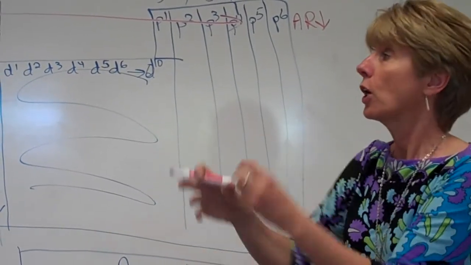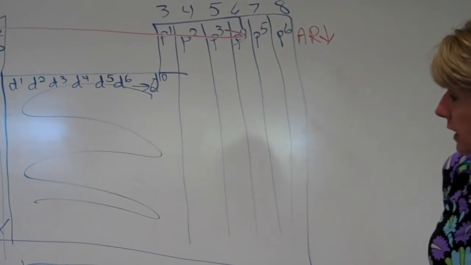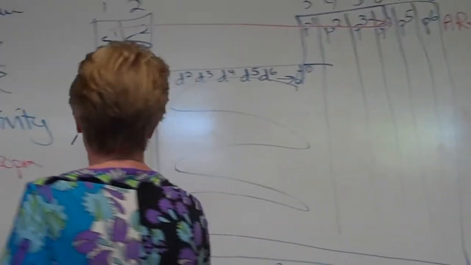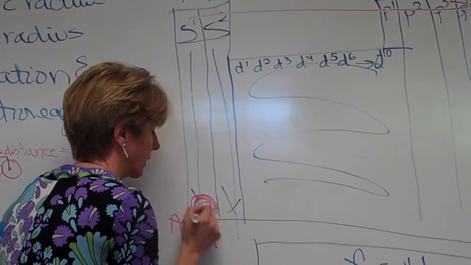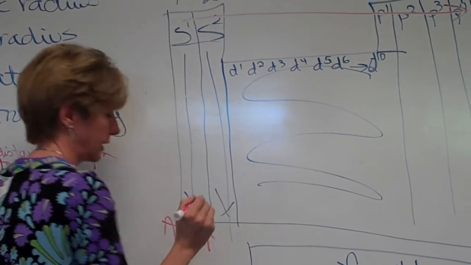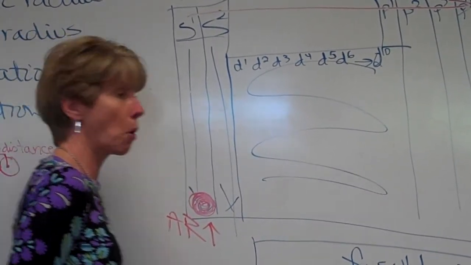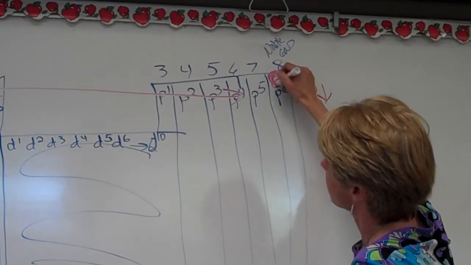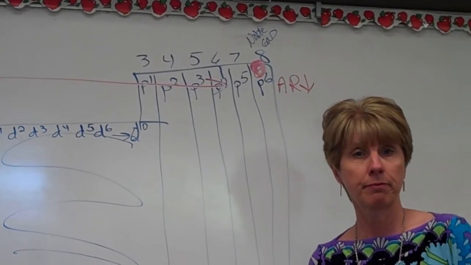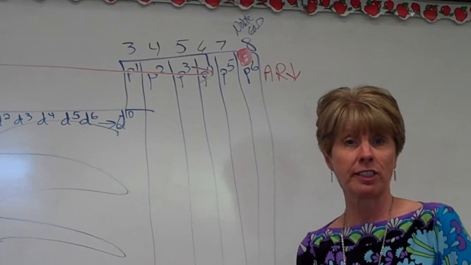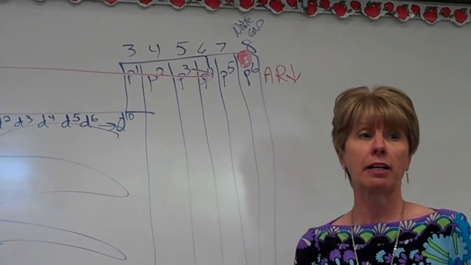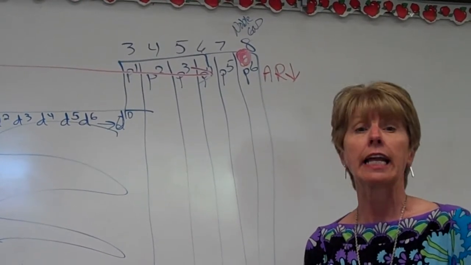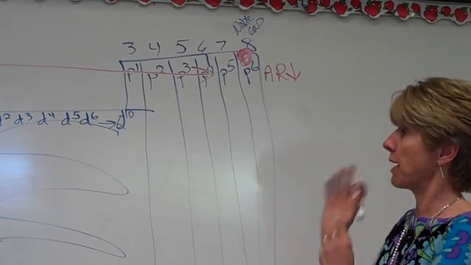Okay? So, where would your largest atoms be? Right here. The largest. Where would the smallest be? Up here. Okay? So who's generally bigger? A metal or a nonmetal? A metal is bigger. Nonmetals are smaller.